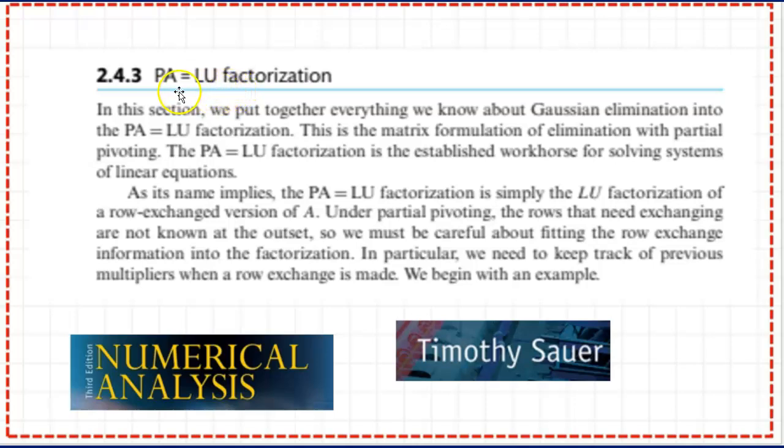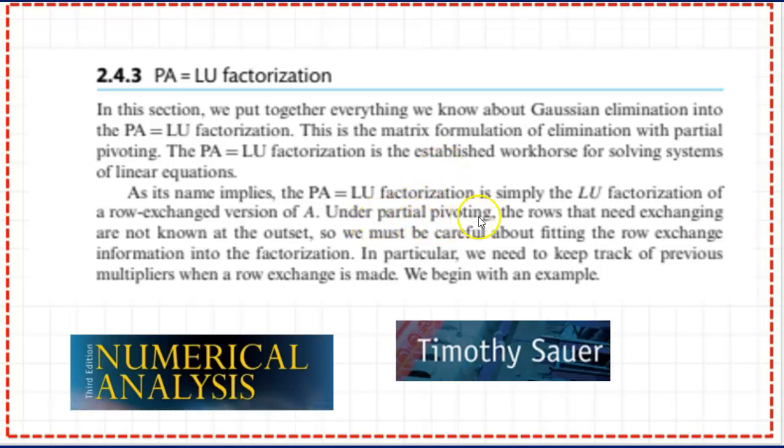Once we have moved any row or made a swap from row to row, the A matrix is no longer equal to LU, but the swap will cause the A matrix to become PA, and in that regard, PA equals LU. That process is called partial pivoting. And the author is saying the PA equals LU factorization is the established workhorse for solving systems of linear equations.